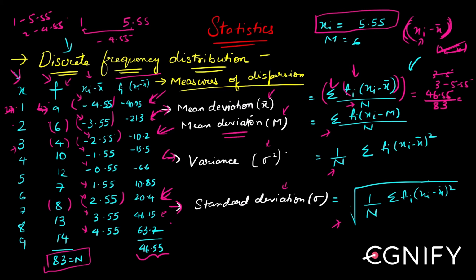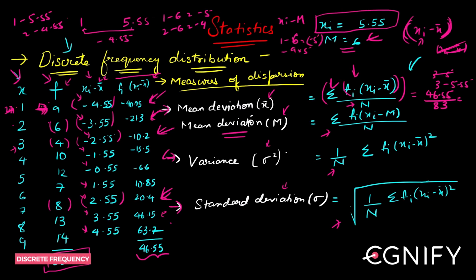Similarly, for mean deviation about the median, instead of this x bar, you take the median, which is already 6. We have calculated this in the previous module. M is equal to 6. So you subtract 1 from 6, you will get a minus 5. You subtract 2 from 6, you will get a minus 4. Instead of xi minus x bar, you make a table of xi minus m. Then you make a table of fi into xi minus m. For the first data point, 1 minus 6, basically minus 5, was your xi minus m, and that should be multiplied with the frequency.